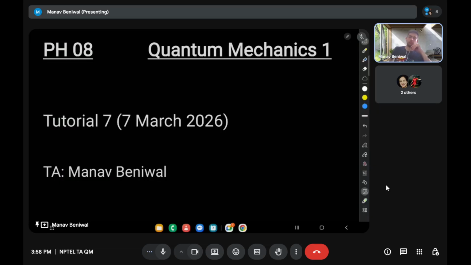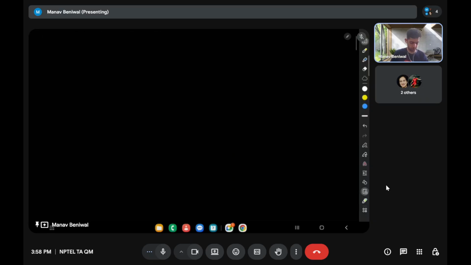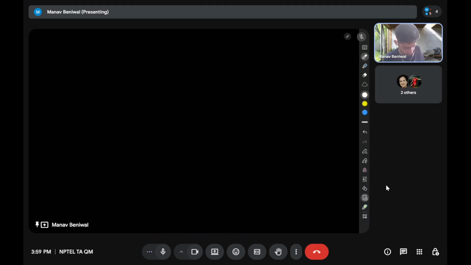Won't take much time. So one thing is why these ladder operators should have an integer value, eigenvalues, right? Okay, I'll try my best to give you some physical intuition. First, let's consider why they are called a ladder operator.